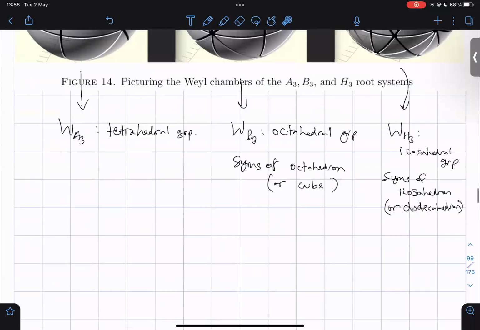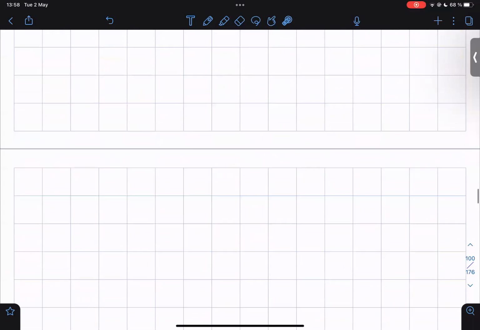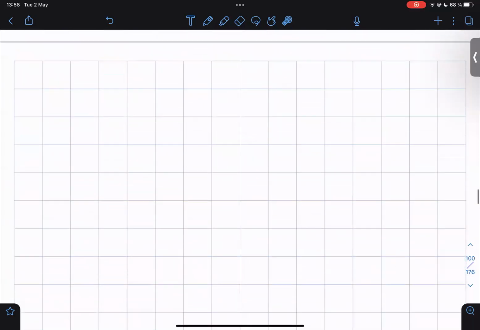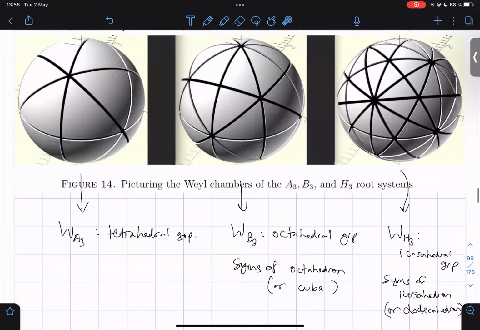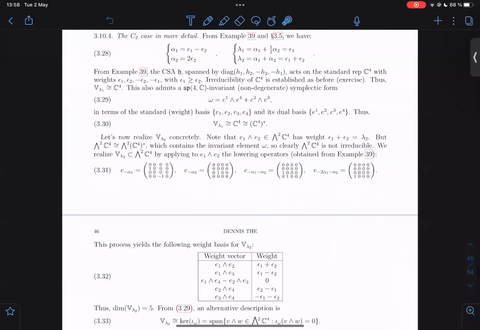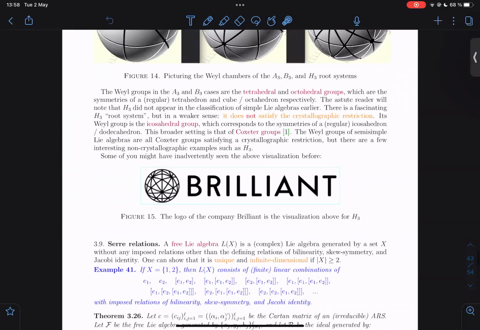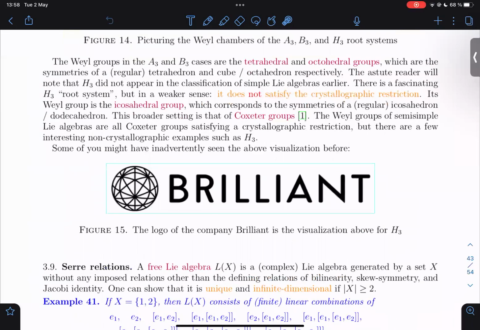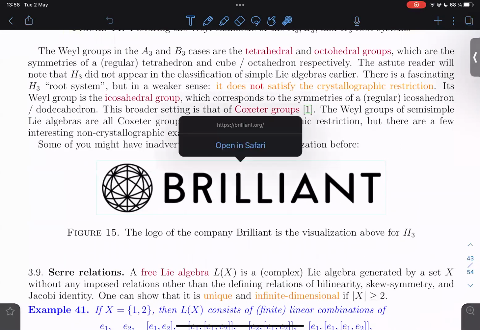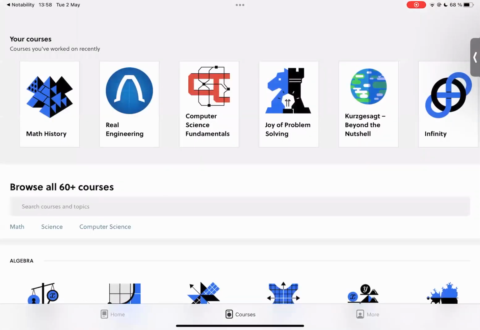Some of you might be familiar with this pattern. Some of you might have seen it before. Let me see if I have that here. No, okay. So some of you might be familiar with this company called Brilliant. It's a nice resource for math and science.